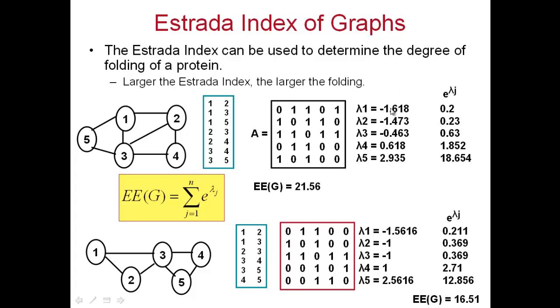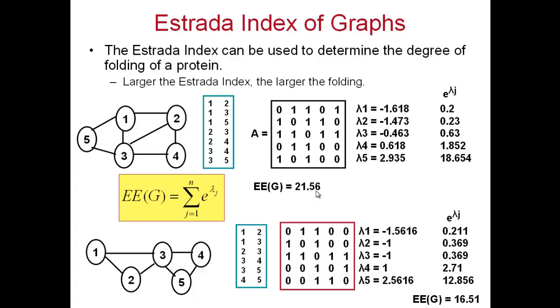So compute e to the power negative 1.618 plus e to the power negative 1.473 plus e to the power negative 0.463 and so on, and these are the corresponding numbers, and sum up all these e to the power lambda values, and that's what you can call the raw value of the Estrada Index.